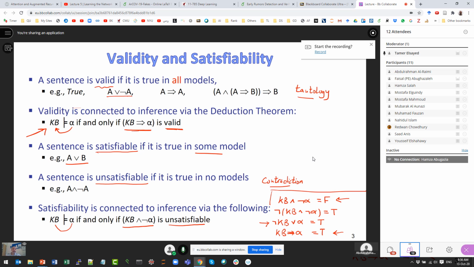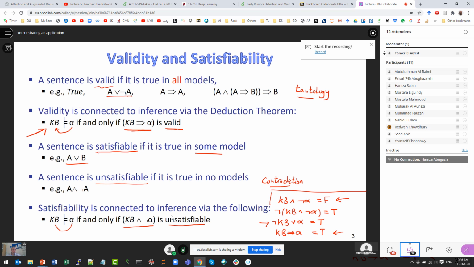So this actually shows us one technique of inference from the knowledge base. If I have a knowledge base and a sentence that we want to check if we can entail from the knowledge base or not, we can prove that the knowledge base and not alpha is always false to show that alpha is entailed from the knowledge base.